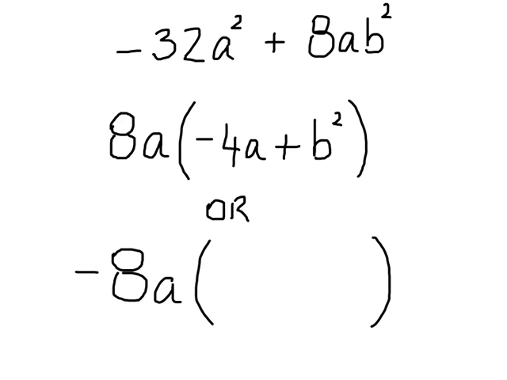So negative 32a squared divided by negative 8a would have been just 4a, and then positive 8ab squared divided by negative 8a would have been negative b squared. So we can swap over our negative signs to make it slightly different. Okay, we're still factorising, but it's just slightly different, and that's factorising.